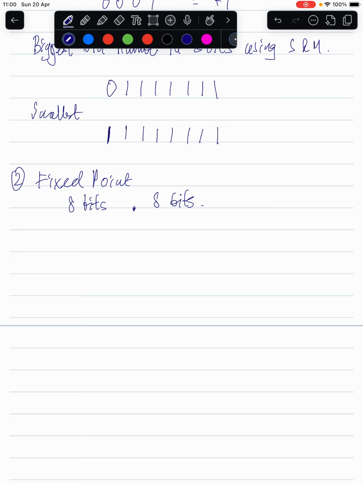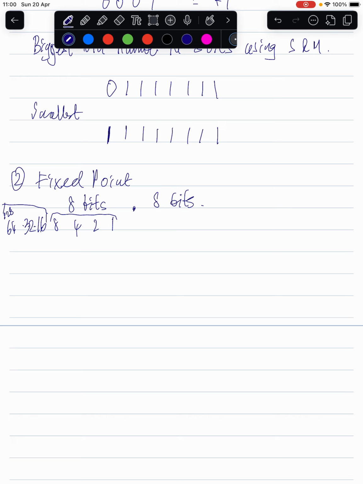Our column headings would be 1, 2, 4, 8, etc. for the 8 bits. Let's put them in just to remove any doubt: 16, 32, and 64. How many got that? And then 128.